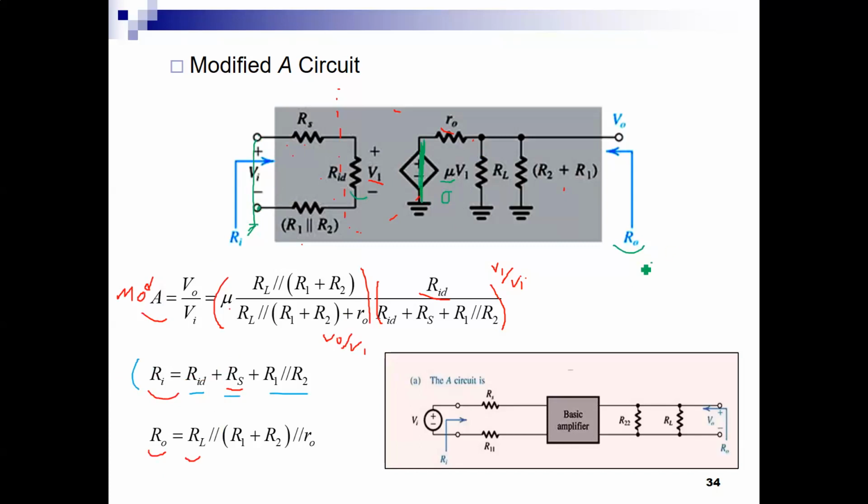Looking from here, I see 3 resistors in parallel, which are R2 parallel RL parallel RO. So three quantities in parallel. Now I have the modified RI. Does anyone have a question?